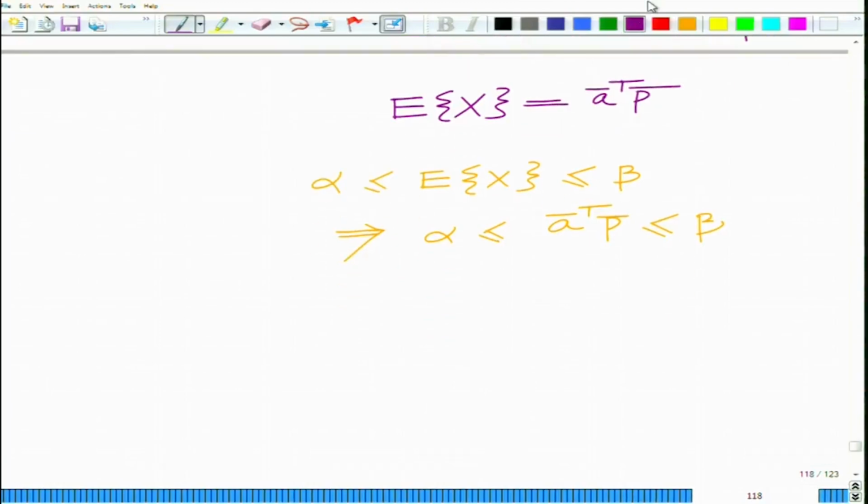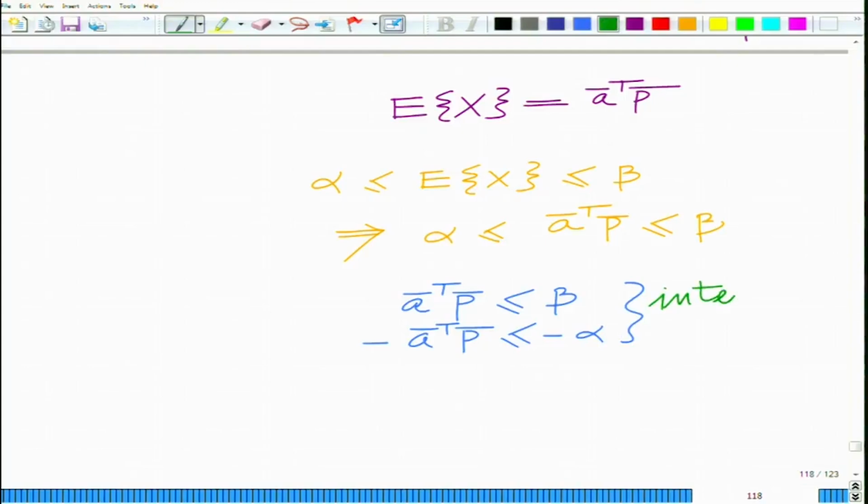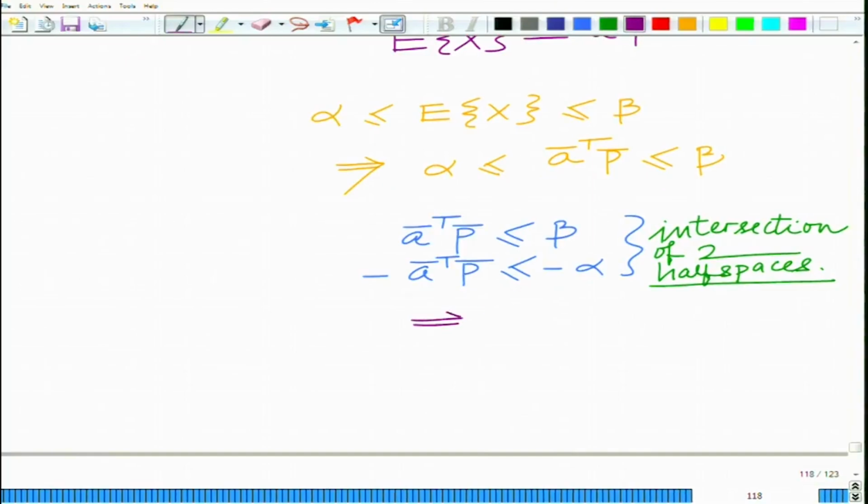Now, this is the intersection of two half spaces. You can readily see that the first half space is a bar transpose p bar less than or equal to beta. The second is a bar transpose p bar greater than or equal to alpha, which can be written as minus a bar transpose p bar less than or equal to minus alpha. So this is the intersection of two half spaces, which implies that this is convex.